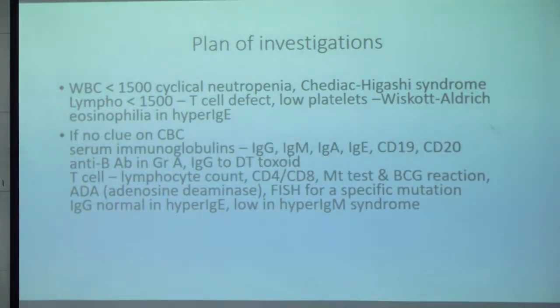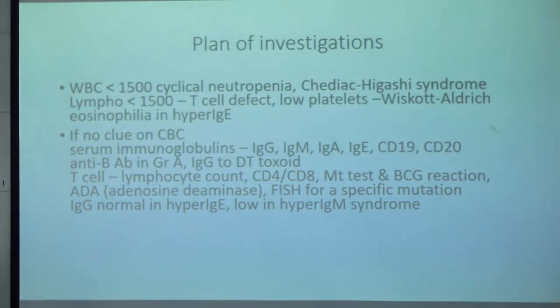If there is no clue on CBC, then we go further and we do all immunoglobulins, and we of course do a CD19, CD20, and then you do CD4, CD8. There are other ways of looking at antibodies. For example, a blood group. A child of group A must have anti-B antibodies. At least we know that that kind of antibodies are going right.